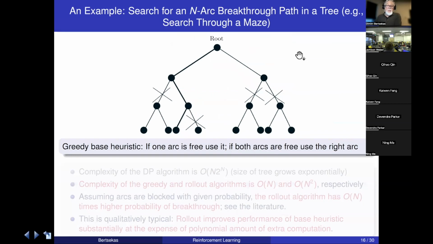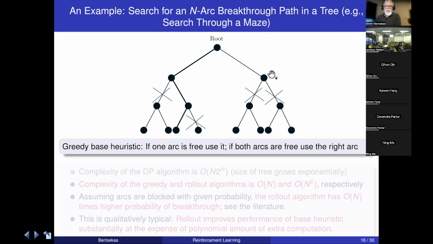Okay, here's another example. This is a problem of some theoretical interest and some practical interest. It arises, for example, when you search through a maze from an entry point to an exit point, to find a path of free passages to go through.